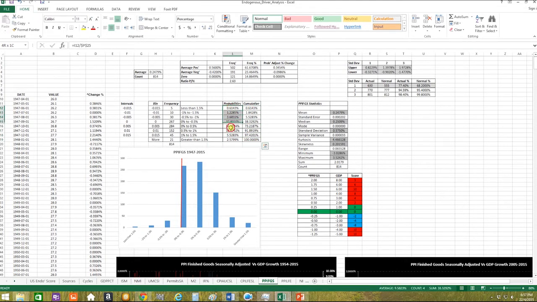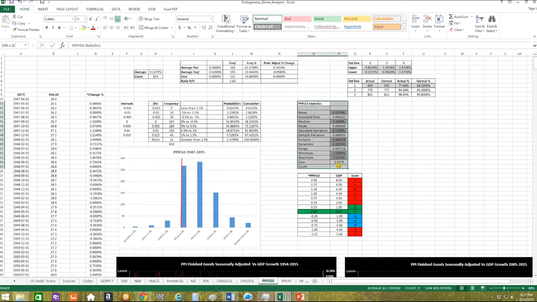So this is the probability of one of these happening throughout history or compared to history, and the cumulative probability, so 100% meaning all cases, and here 38% of cases being 0 or below.